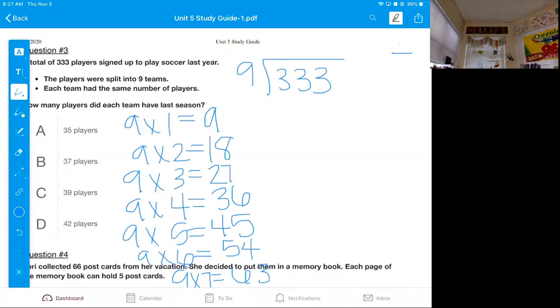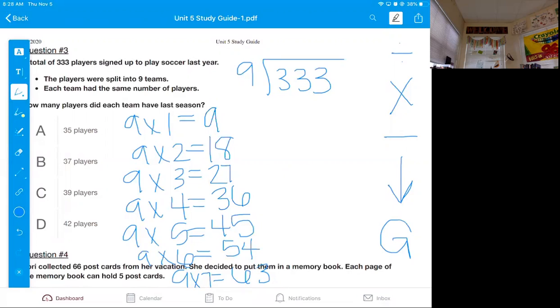Dad says divide, Mom says multiply, Sister says subtract, Brother says bring down. All right. So we're going to start with 9 and 3, but again, 3 is too little. So instead we look at what? 9 and 33. Okay.